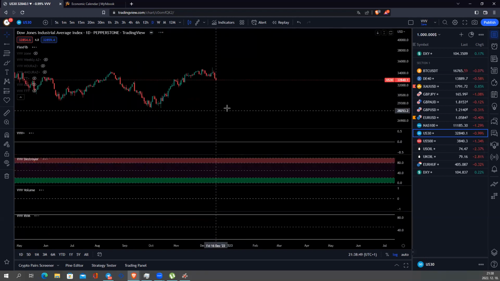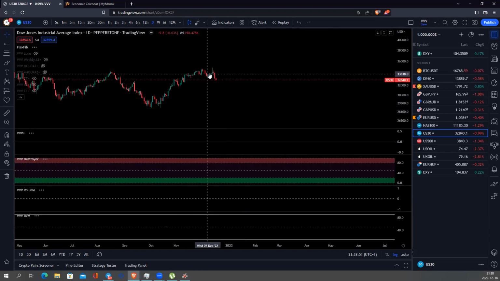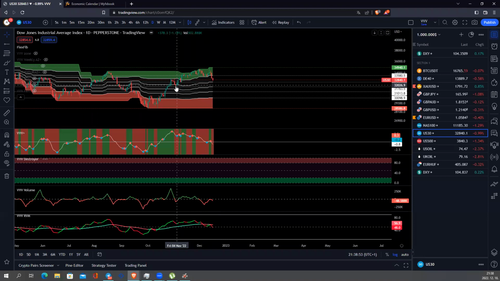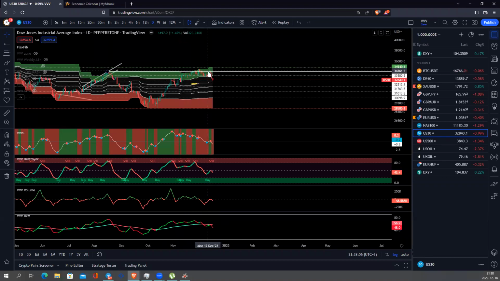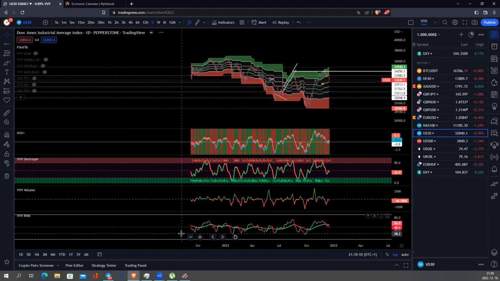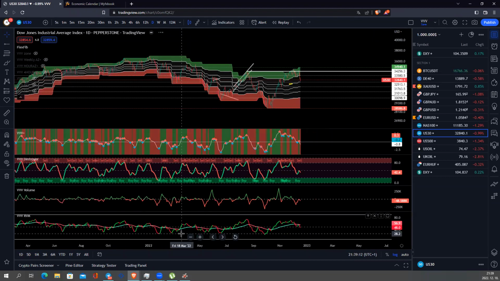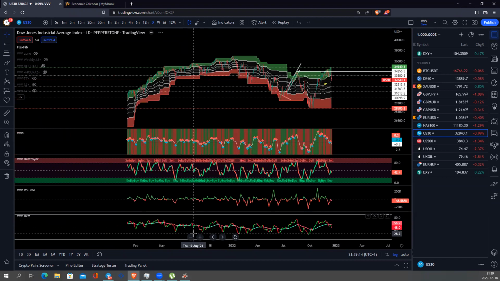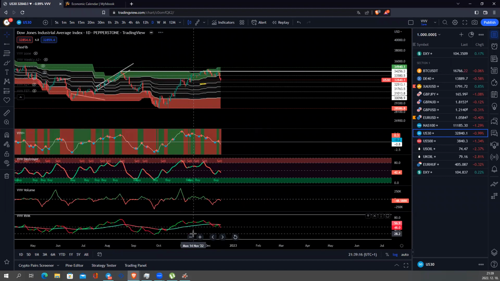So the next, what I want to see, you see the structure already broke here. Here was my target zone, but I think it's not enough. If you see what's happening on the RVM as well, we are heading down, and there is a lot of space to move actually. Okay.